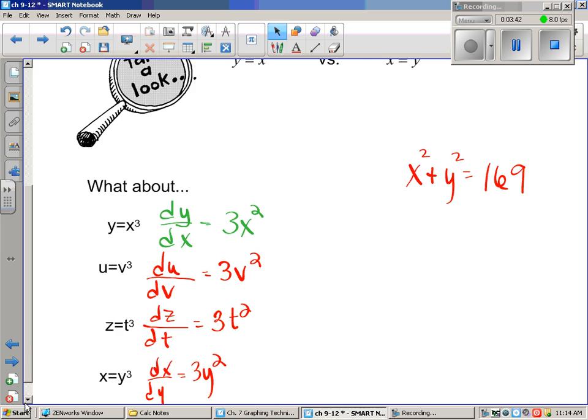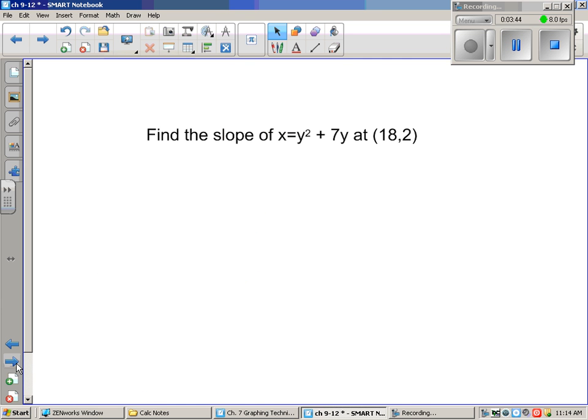All right, well, let's look at some examples. So how do I find the slope when it says x equals y squared plus 7y at that point? There's a couple options. I'm going to do the one today that probably is most natural for many of you, which is we're going to find its derivative right now, as it is, and work with what we've got.